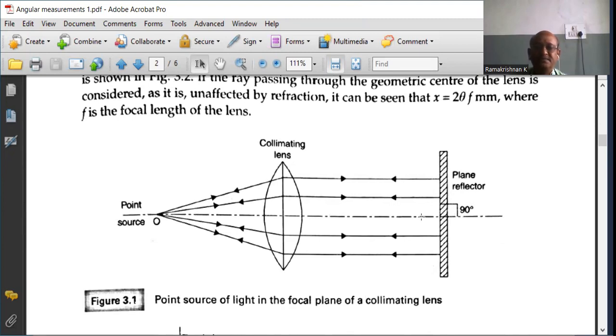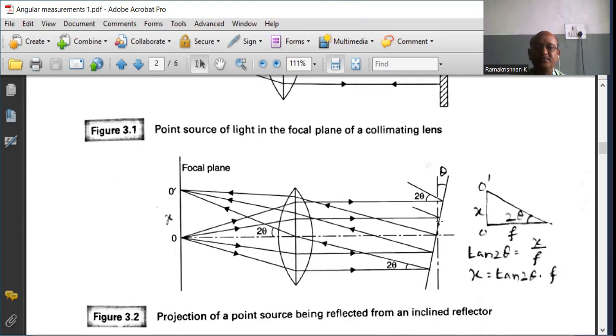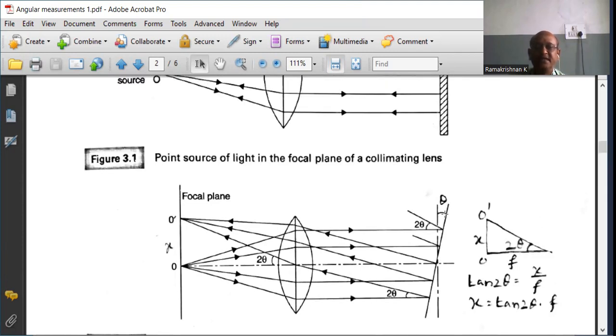Now, let us assume the reflector is tilted through a small angle, theta, as you see in the diagram. Here, as usual, the light rays are reflected by the angle 2 theta. Again, it falls on the collimating lens, and the image will fall at O dash instead of O, which is x distance apart.